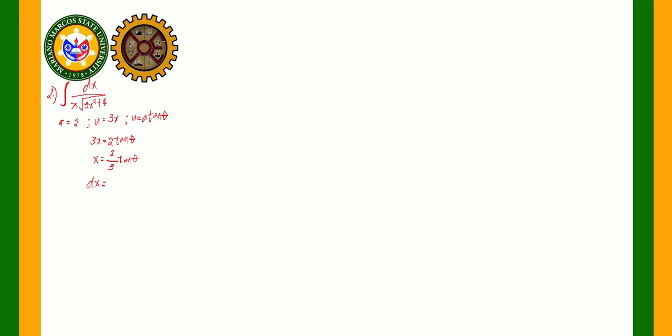So, the derivative of x will be equal to 2 over 3. What is the derivative of tangent? That will be secant squared theta. So that will be secant squared theta d theta. So we are now ready to substitute these values dito sa i-integrate natin.